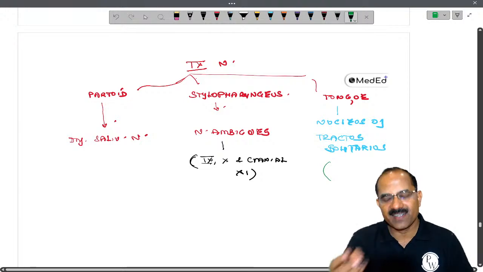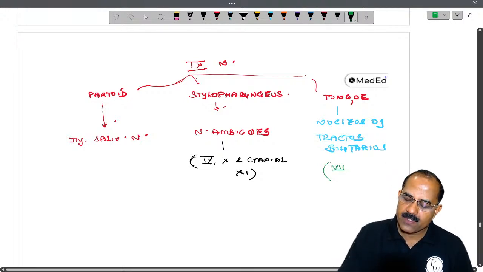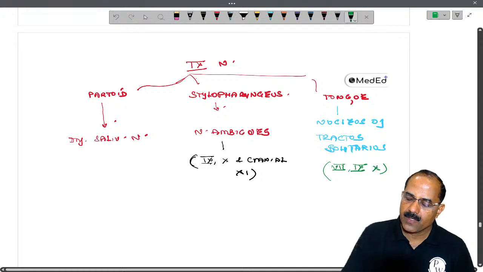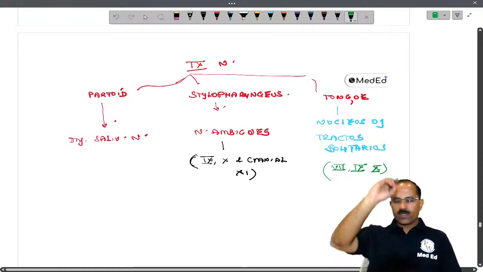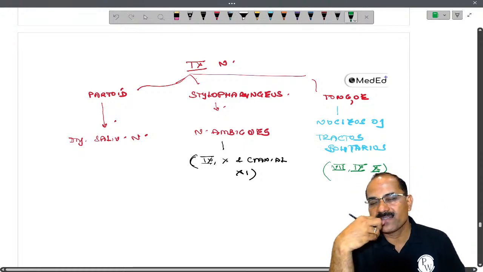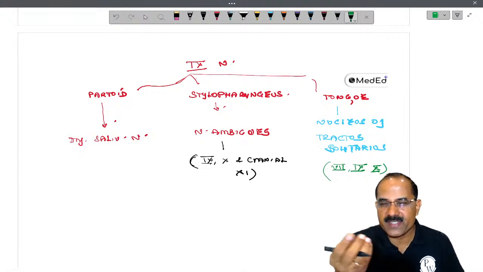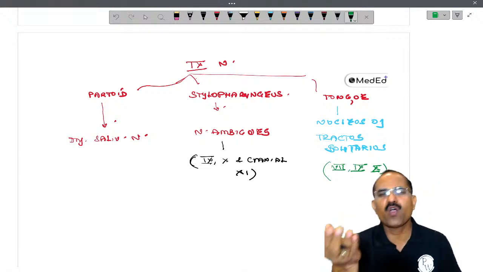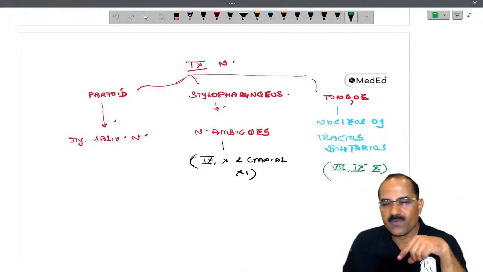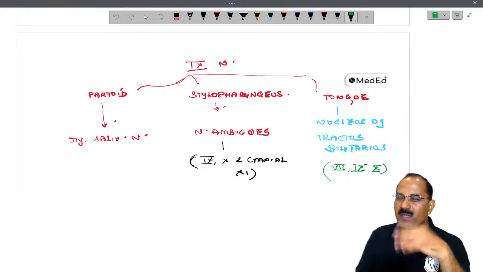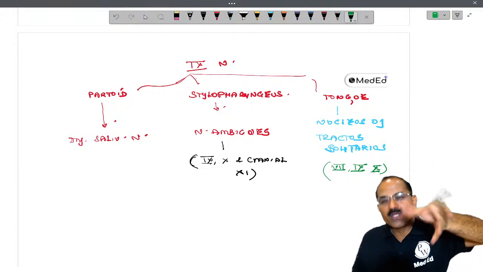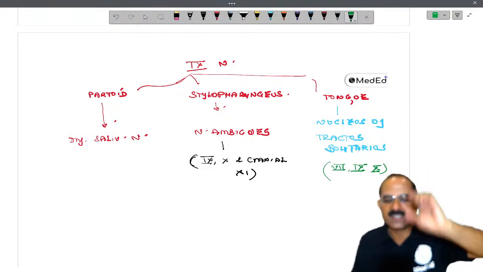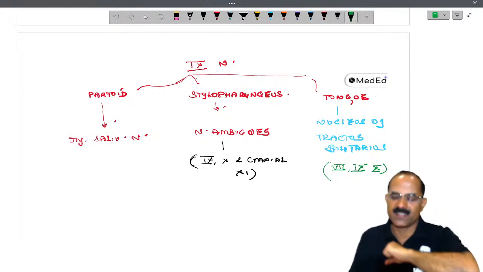Tongue याद रखना. It's common for the 7th, 9th and 10th nerves. टंग के स्पेशल सेंसेशंस कौन कैरी करता है? Anterior 2/3 से chorda tympani, that's facial. Posterior 1/3 से glossopharyngeal and posterior most part से vagus. So एक common nucleus होता है for these three nerves, that's the nucleus of tractus solitarius.